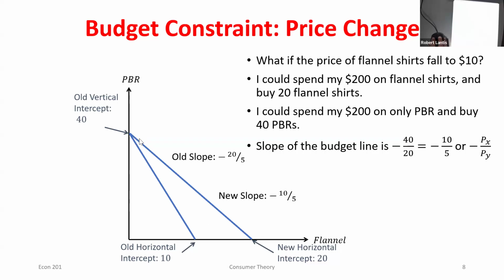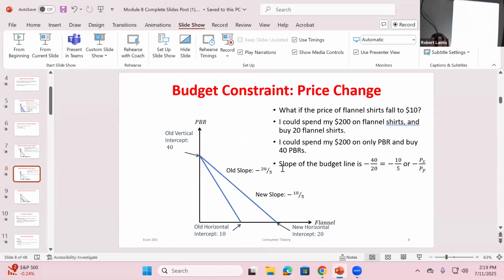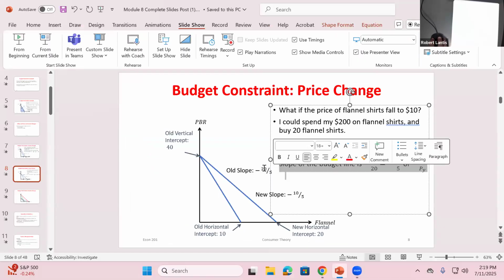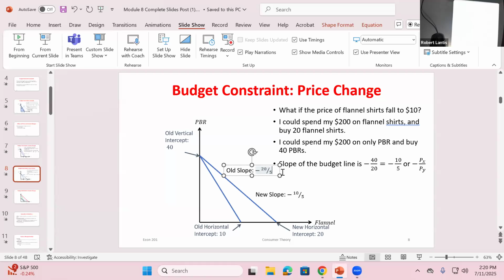Now, what's happening to the slope of my budget constraint when the price of X goes down? Well, now, in order to get more X, I'm not going to have to sacrifice as much of good Y. So notice before our slope was -4.